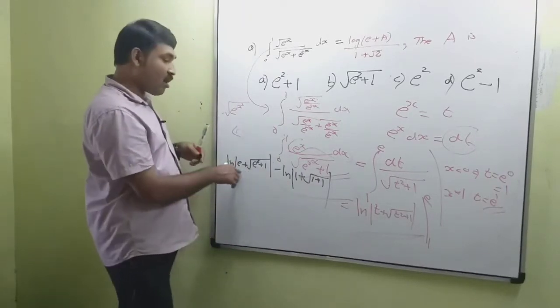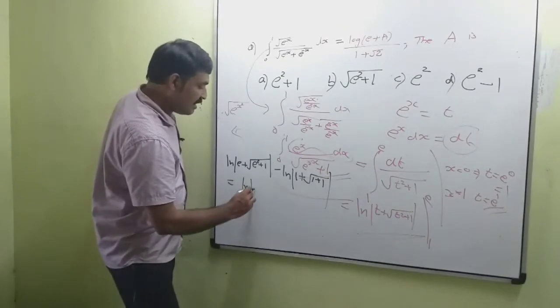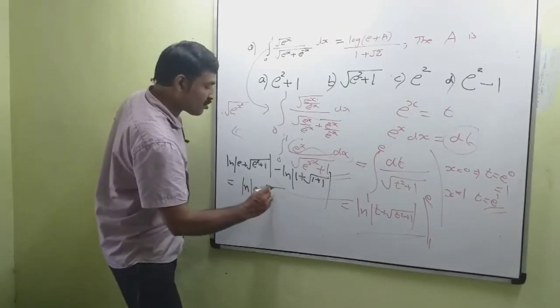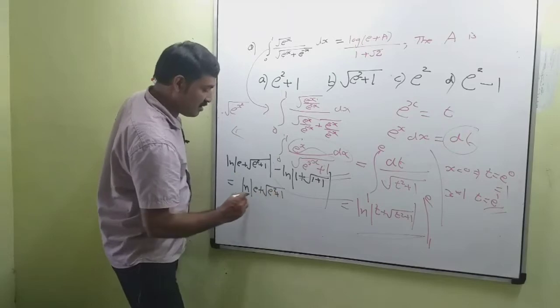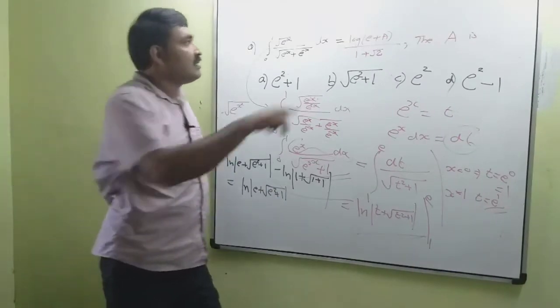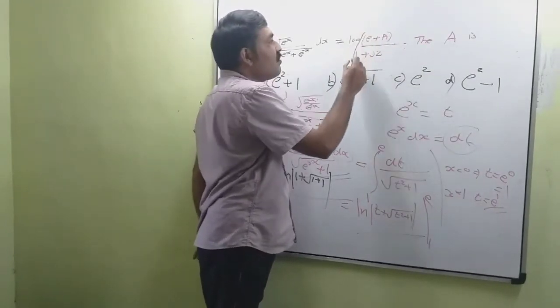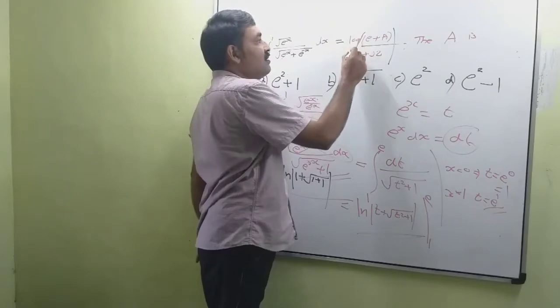So this is in the form log a minus log b. So this is equal to ln of e plus square root of e square plus 1, divided by 1 plus root 2. This is the question.